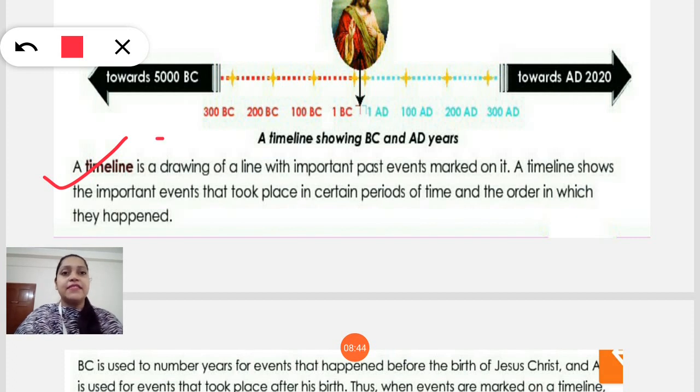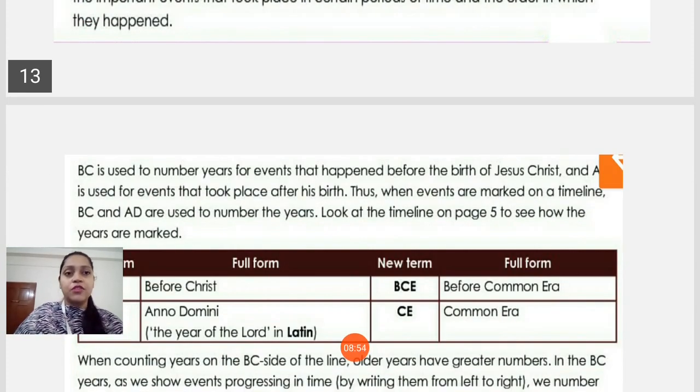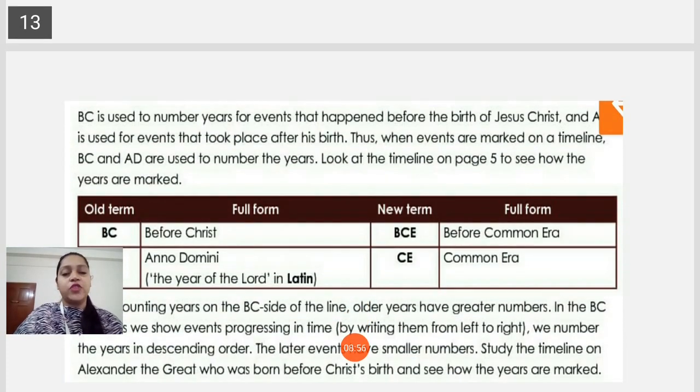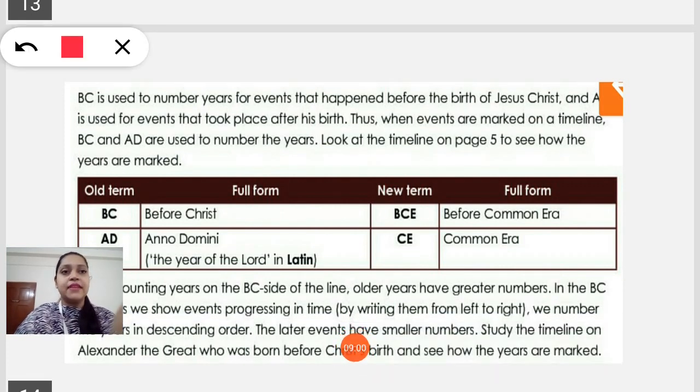Now this timeline shows the time before the birth of Jesus Christ and after the birth of Jesus Christ. So timeline is also used to measure time in history. Now in timeline we have two very important concepts. One is BC and the other is AD.